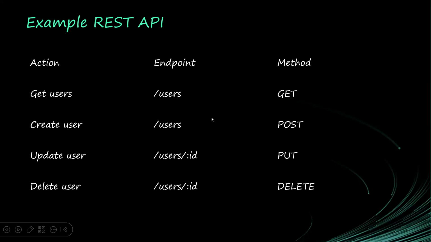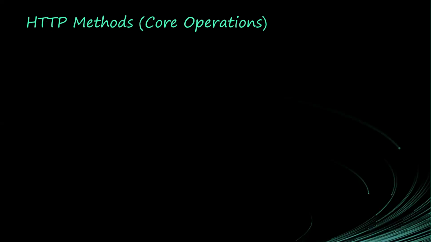If you want to update, you can use put or patch. For example, you can say /users/:id. You're going to see all these things. You can also use the delete method to delete a user, but don't worry, we're going to see them just in a bit. We have already mentioned HTTP methods without explaining much about them, so let's talk about HTTP methods.